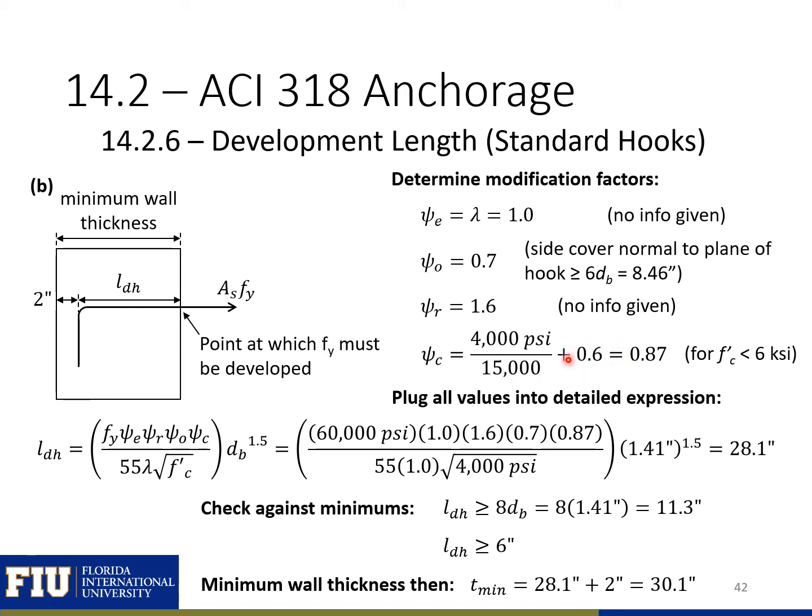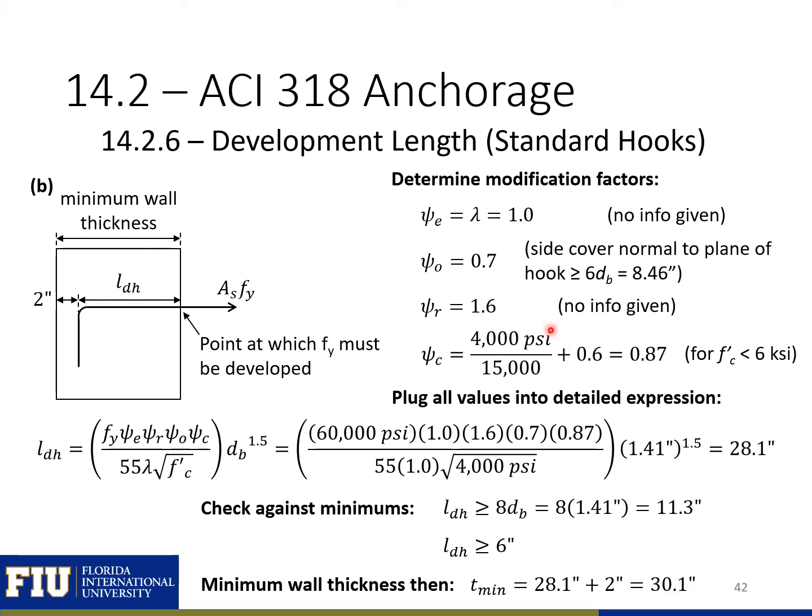We can plug all these values into our development length equation and find a required development length of 28.1 inches. So this is greater than our two minimum values, and we can then figure out our minimum wall thickness: the development length 28.1 plus our 2 inches from the back of the hook to the edge of the wall. That'll give us a minimum wall thickness here of 30.1 inches.